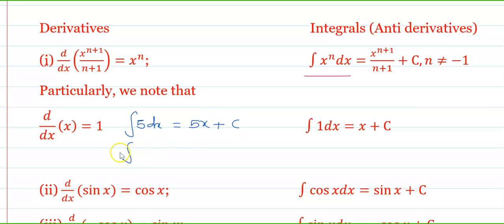The integral of minus 7 by 2 into dx is minus 7 by 2 x plus c, and in this way you can find them. Okay.